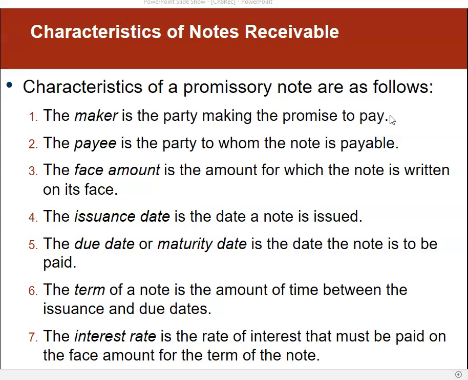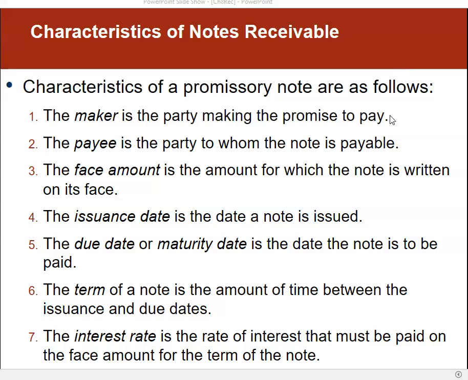In fact, it will pretty much never be 1 year, because we are looking at current assets, and so we're going to be looking at some notes that are going to mature in 3 months, 6 months, that sort of thing. And so the term of the note is how long the note lasts. 3 months, 3-month note, 6-month term note, that sort of thing.